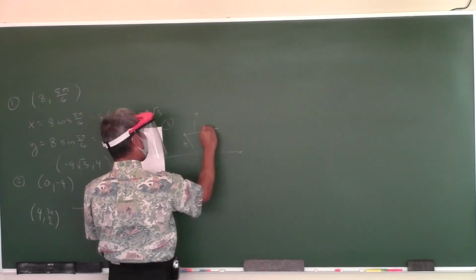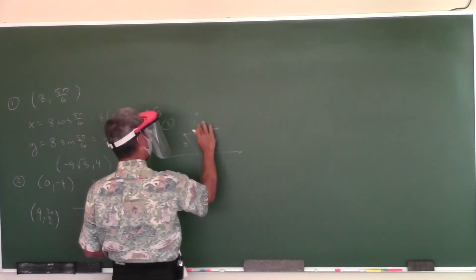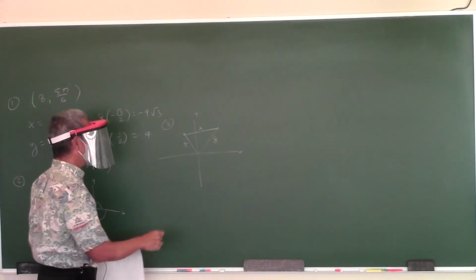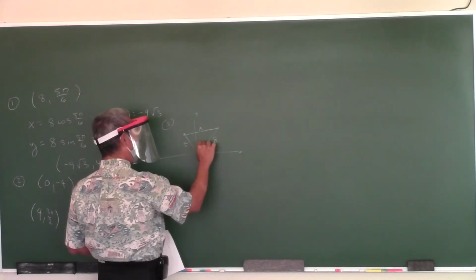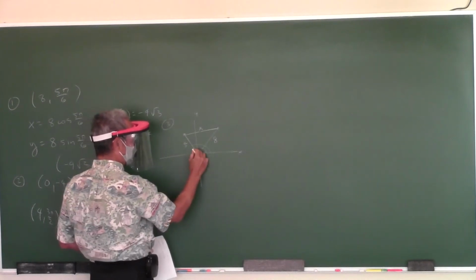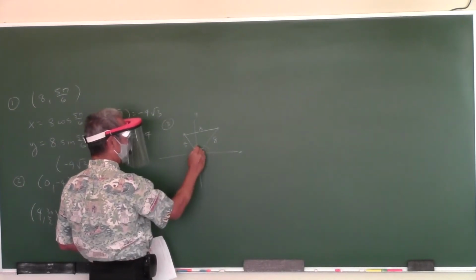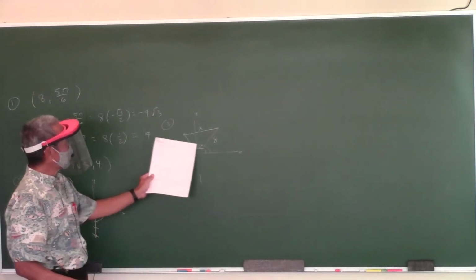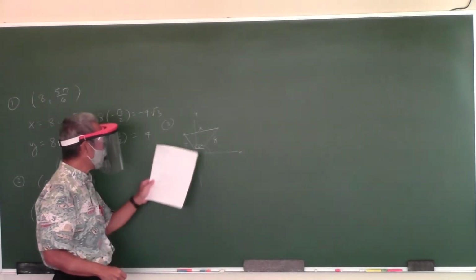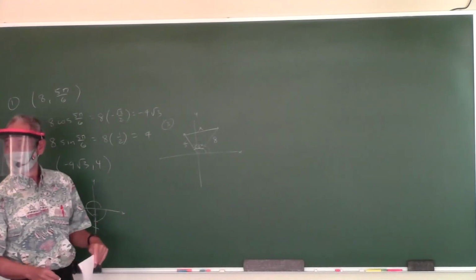So how do I find this distance between the 2 points? I'll just call it x. Well, if this angle is 50, and that angle is 110, then what is this angle right here? Isn't that 60? Just subtract the 2 angles. So if you know 2 sides and the included angle, how do you find the third side of a triangle?